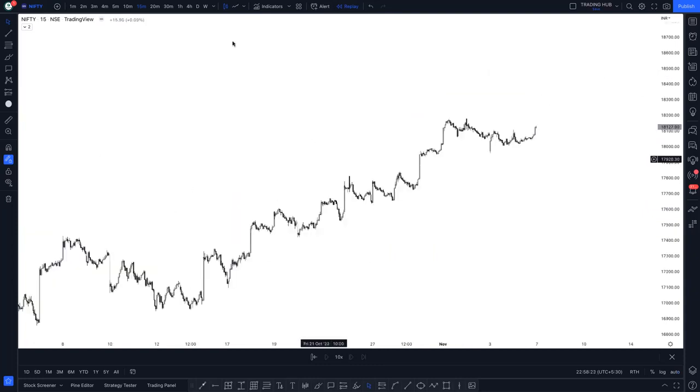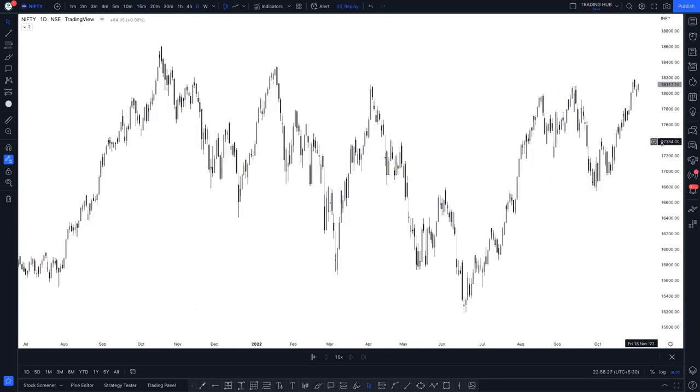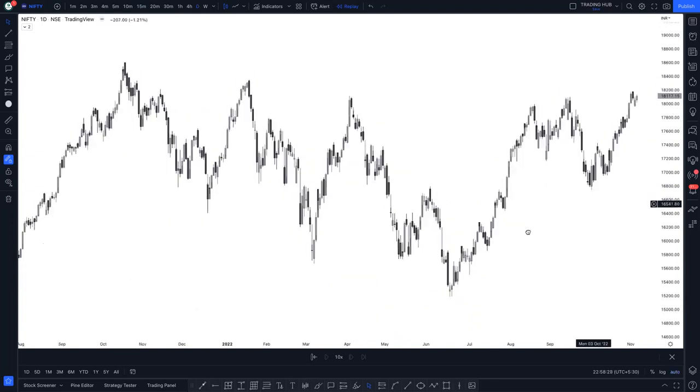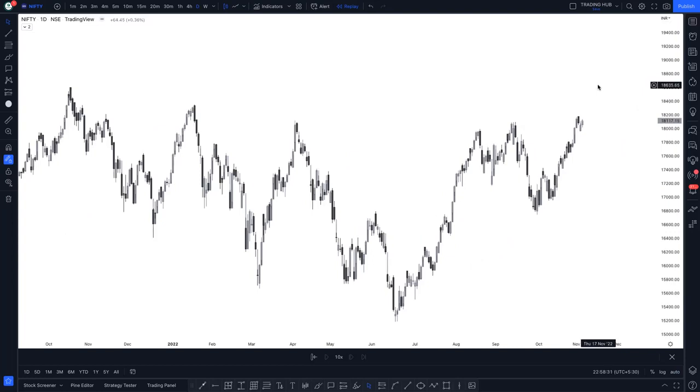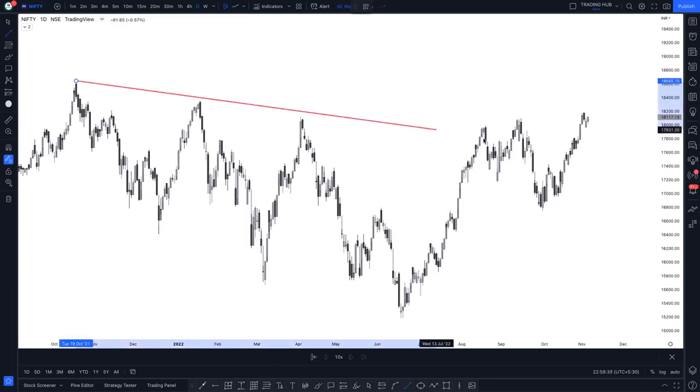So this is a 15-minute chart. Let me show you in the daily time frame what is happening here. Daily time frame structure strength, liquidity break, go higher.